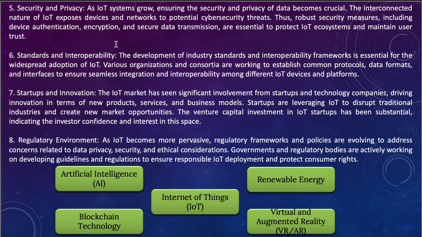Security and privacy from a market perspective is needed for each and every IoT device. So the market perspective of security would be for all, right? If you are building an IoT device, if you are giving an IoT solution, we cannot walk away from security.